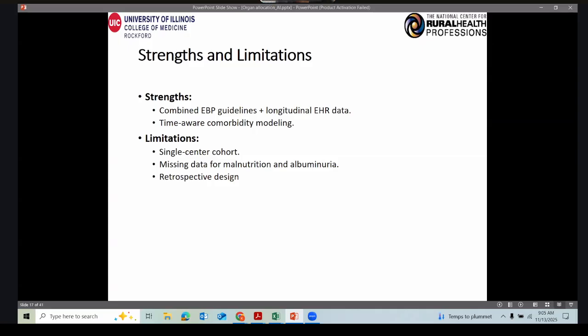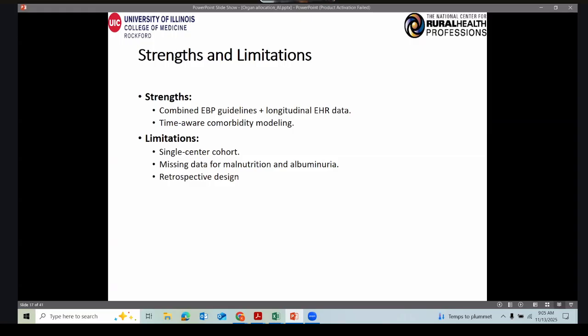Now, moving to the limitations. With most clinical data studies, there are a few important ones to note. First is that it was a single center cohort from the University of Minnesota database, which, while the data quality is excellent, the findings may not be fully generalizable to other institutions or patient populations with different clinical practices or demographics.